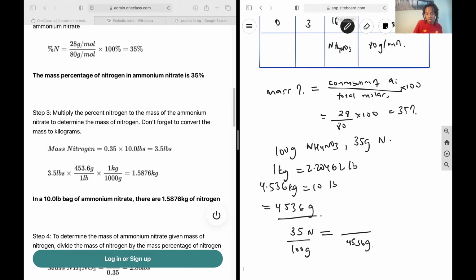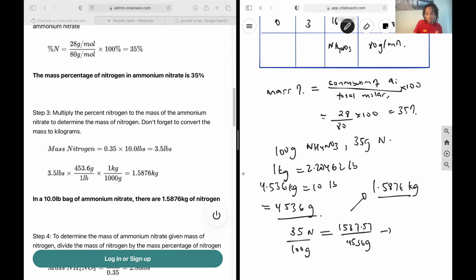And so the ratio is going to be, and so we're going to get 1587.57 grams, and we can just rewrite that as 1.5876 kilograms.